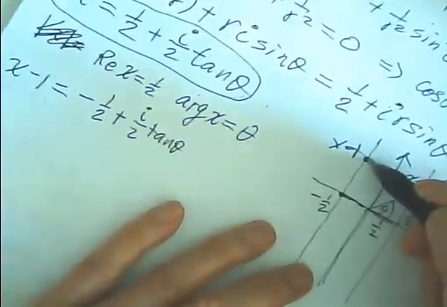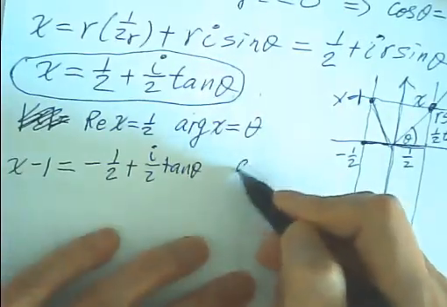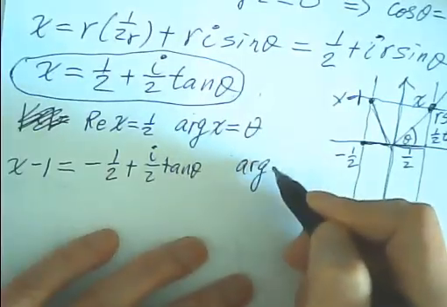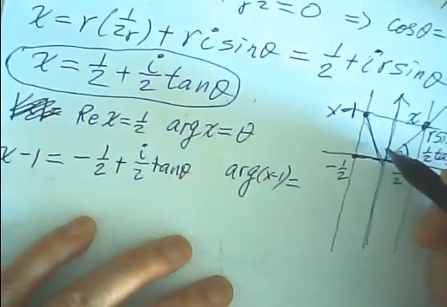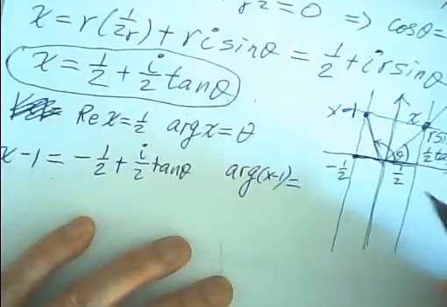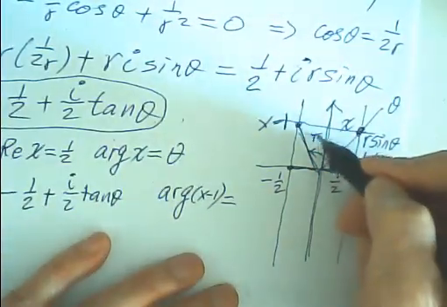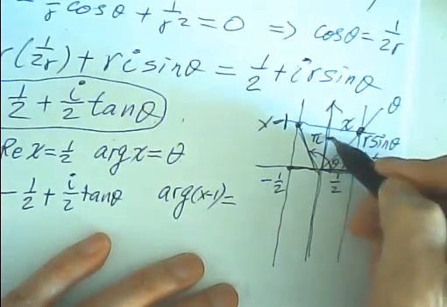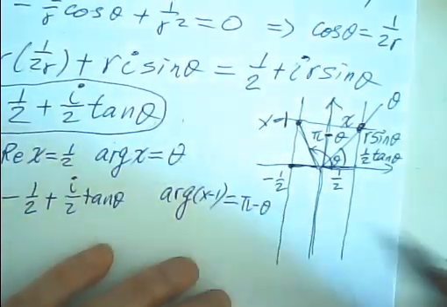Now the argument of x minus 1 is this angle. What is this angle? This angle is pi minus theta, right? So it's pi minus theta.